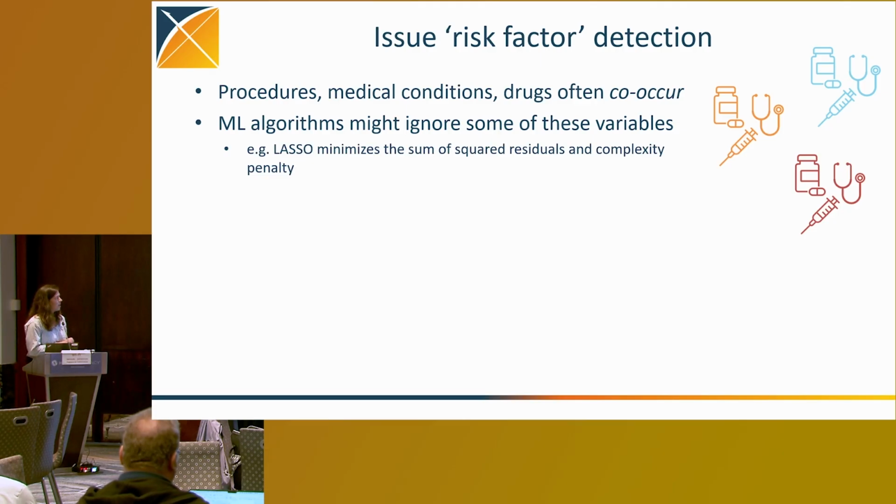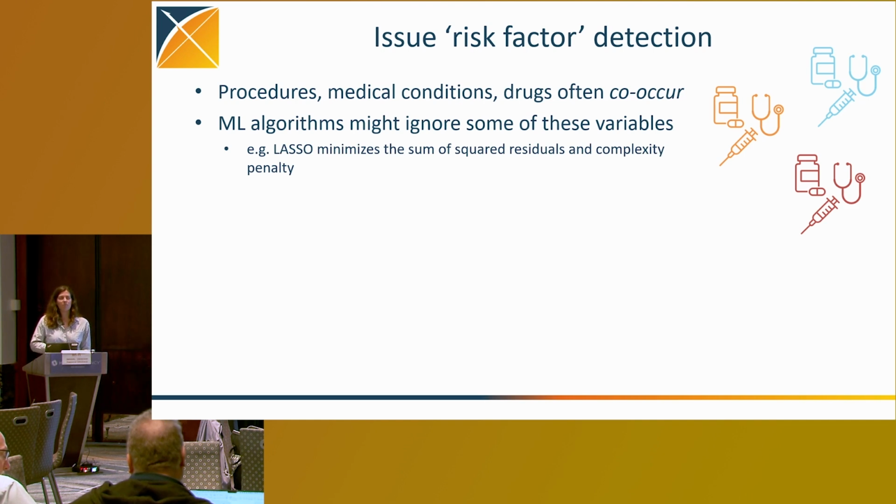Now, if you're going to train any prediction model and you're really interested in prediction, then you might use any of these variables to get an accurate prediction. And therefore, machine learning algorithms might ignore some of these variables.